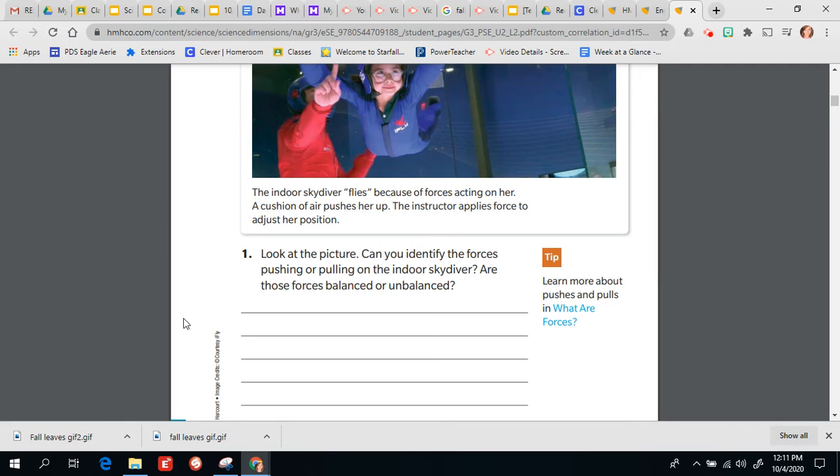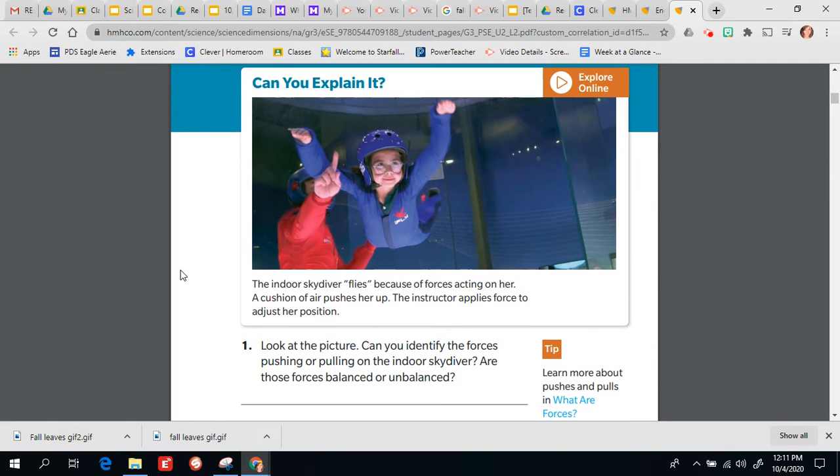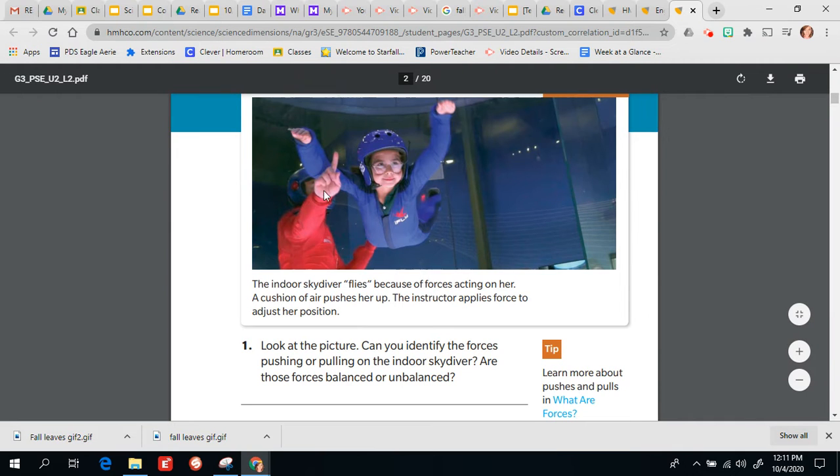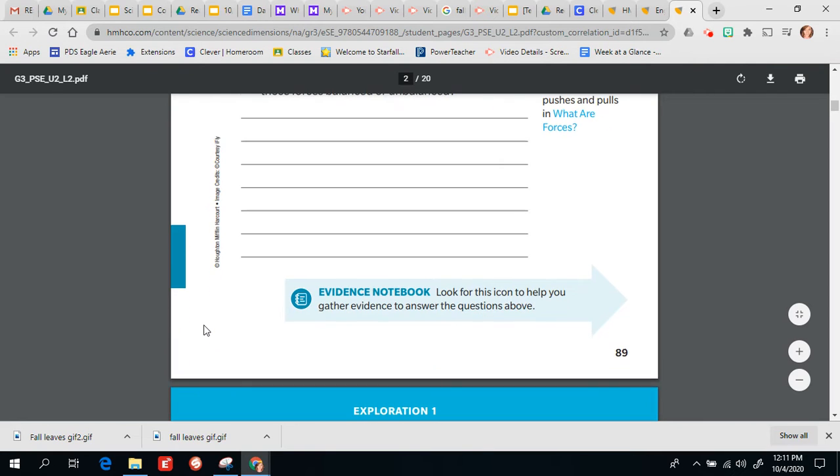Can you identify the forces pushing or pulling on the indoor skydiver? Are those forces balanced or unbalanced? So think about the forces that might be at work to help the indoor skydiver fly, and write your answer on the lines in your book.